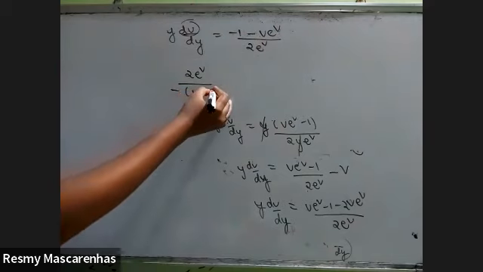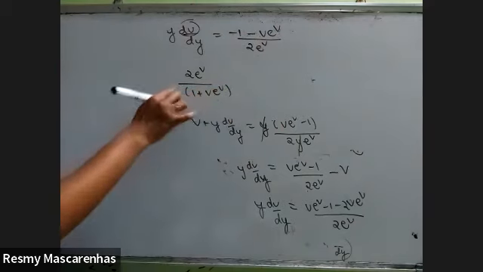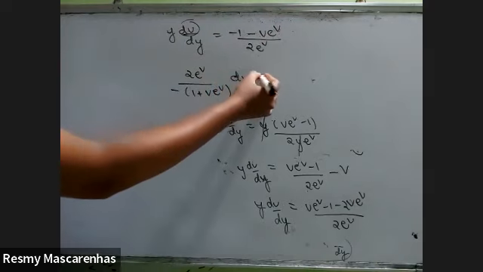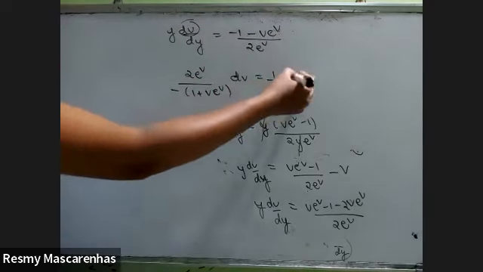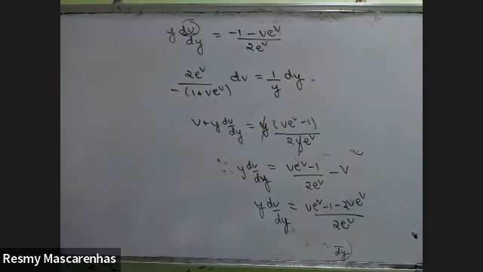I'm just taking that common, minus. 1 by y will go up, this y will come down here, and now I can integrate.